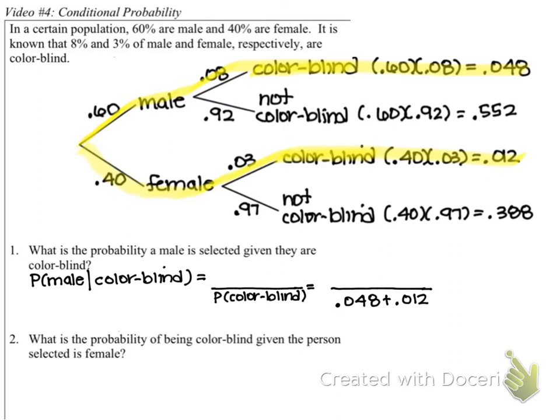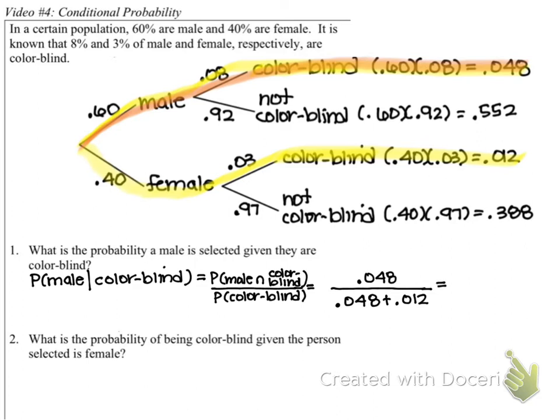So we're now talking about the probability of male and colorblind. We've already determined colorblind, so we have our subpopulation, only the yellow highlights. Then we find the single branch that is male and colorblind. In this case, it's that top branch. That's going to represent the numerator.